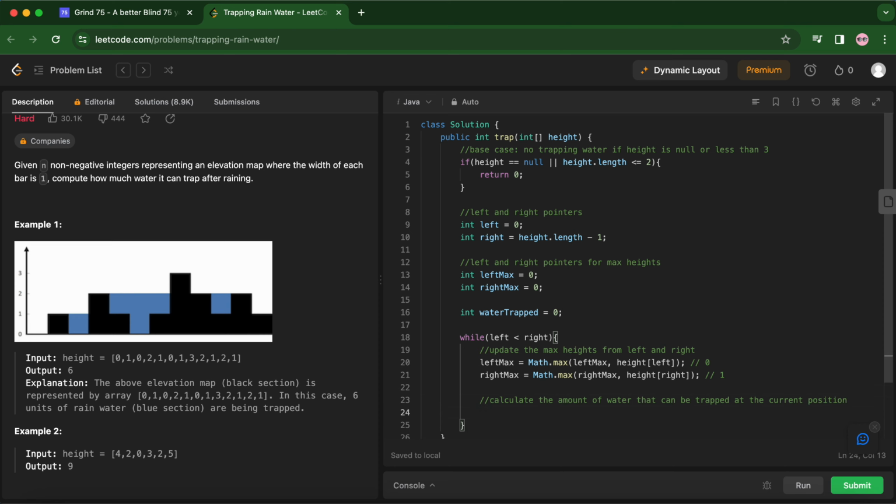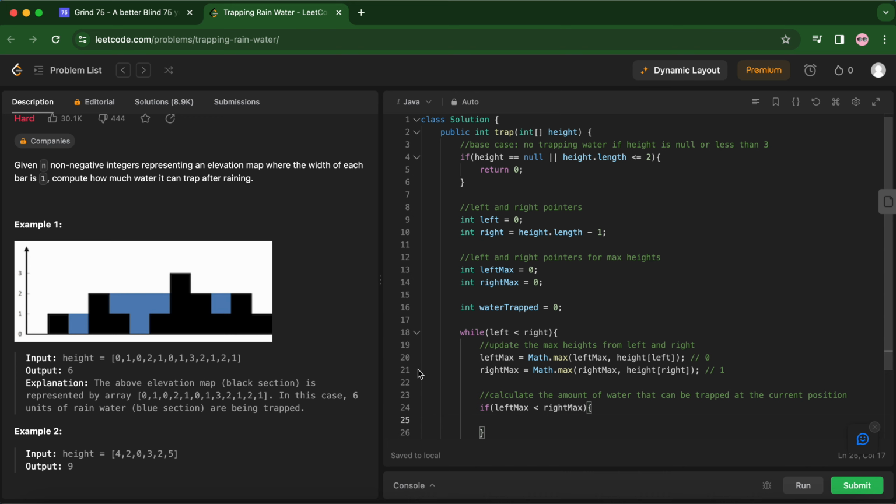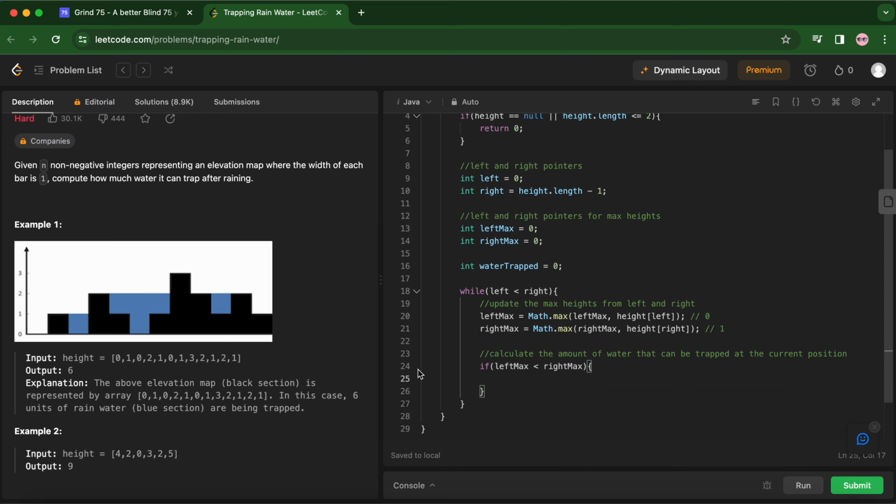Since we have to take the minimum one, the lower one of the left max and the right max, we'll check if leftMax is less than rightMax. In this case that is true, right? Because that is one of the requirements, we have to take the lower of the values of the walls from each side.